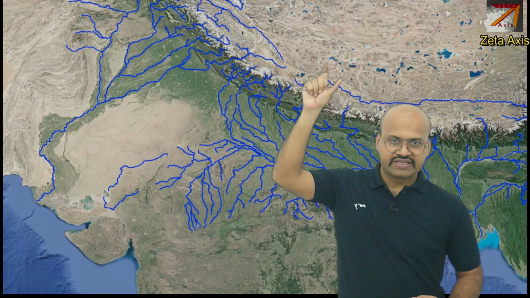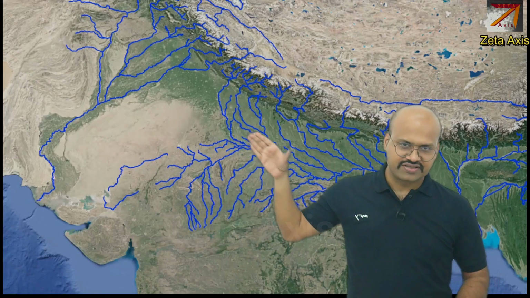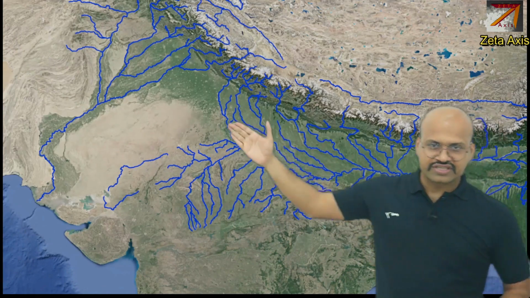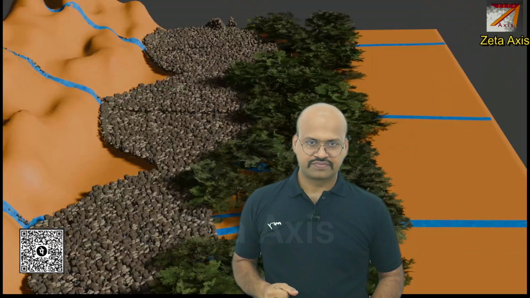Even this process continues today. There are so many rivers which bring silt from the Himalayas as well as the peninsular plateau and deposit it in this region. And therefore, this region has alluvial soil, the soil which is formed by the silt of mountain debris is called alluvial soil.